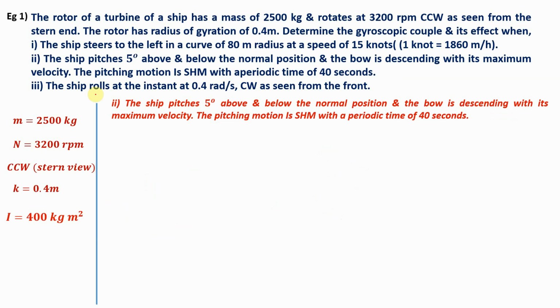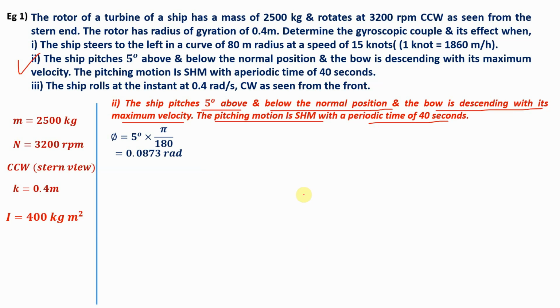Case 2: the ship pitches 5 degrees above and below the normal position, and the bow is descending with its maximum velocity. The pitching motion is SHM with a time period of 40 seconds. So 5 degree is the amplitude of swing.